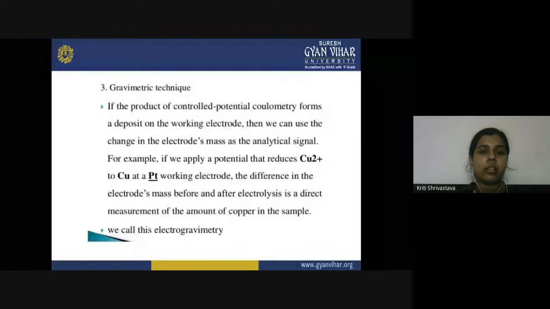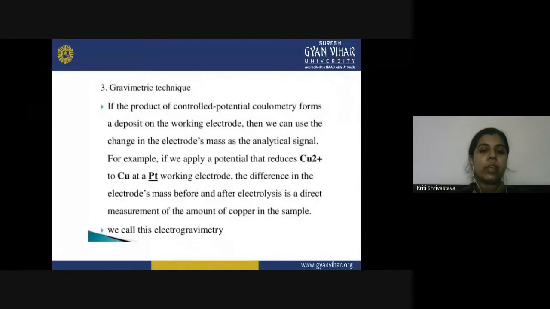Another application of this technique is the gravimetric technique, electrogravimetry. First of all, we need to understand what gravimetry is, and then we will understand what electrogravimetry is.